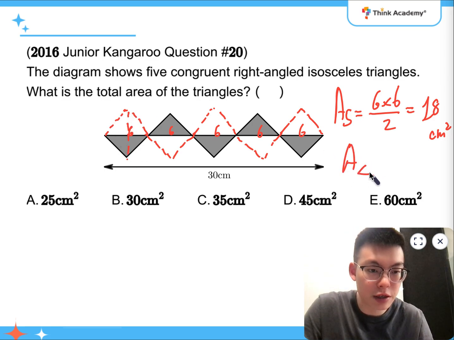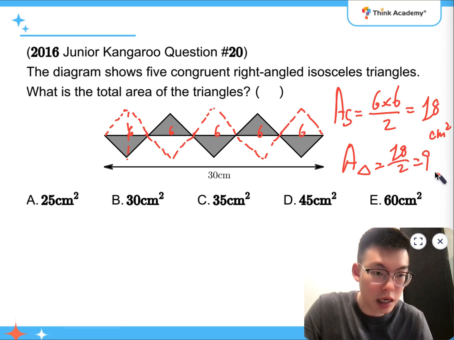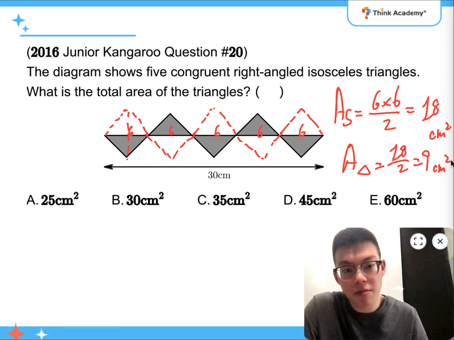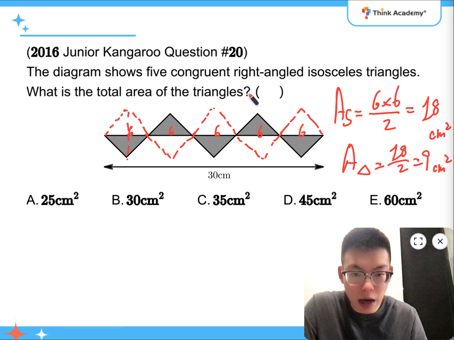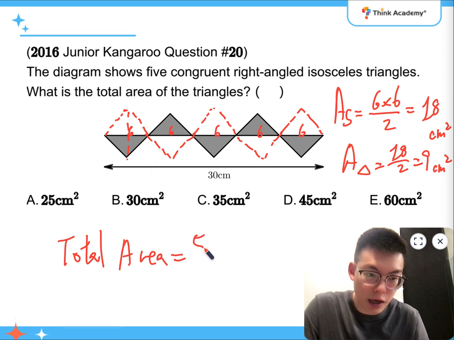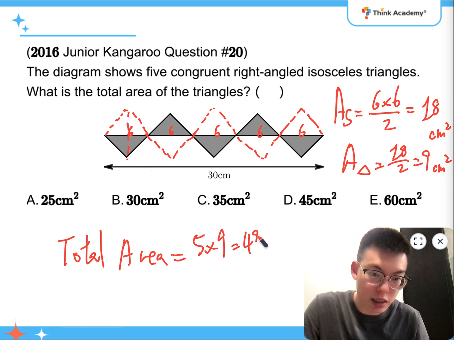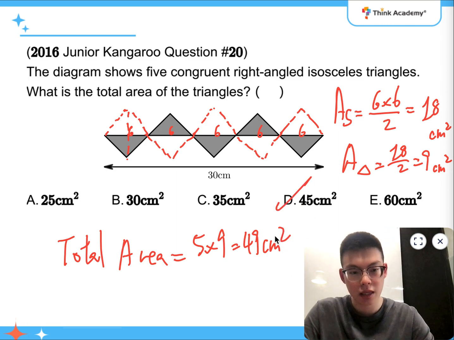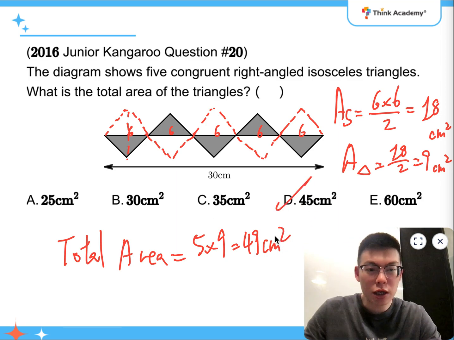So the area of the triangle is 18 divided by 2, which is 9 square centimeters. Now I have 5 of these triangles, so the total area is equal to 5 times 9, which is 49 square centimeters. Okay? So that's it for question number 20.